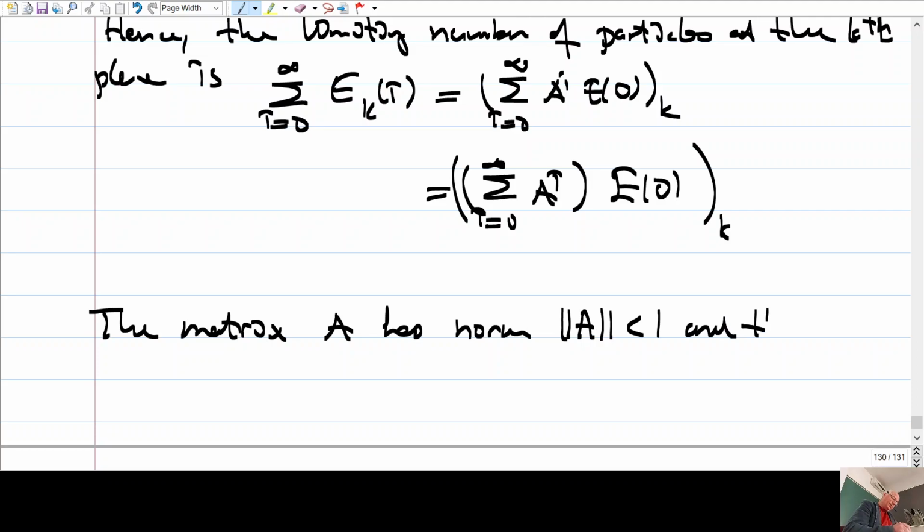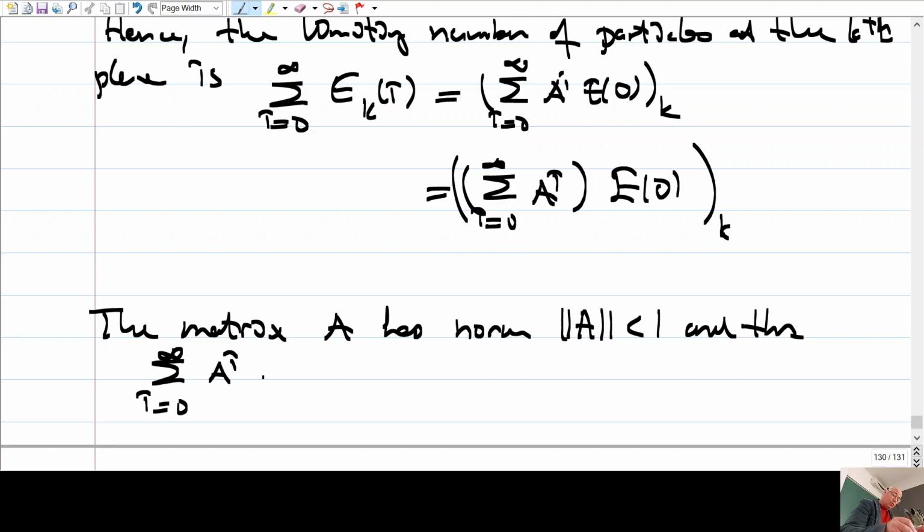So this matrix has norm less than 1, and thus this series is convergent. When you take the powers and add them up, you just sum up the entries of powers, and those sequences will be convergent.